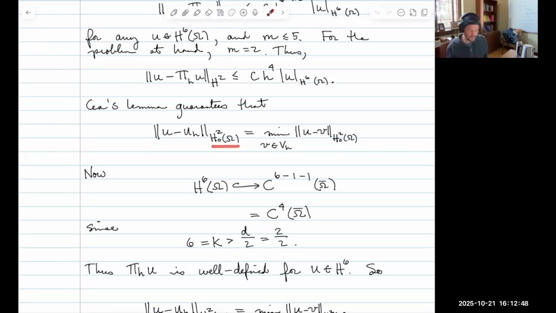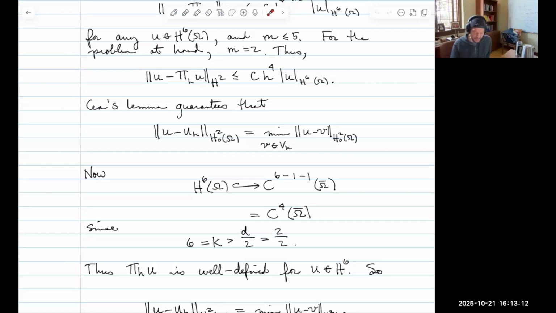Measured in the H0^2 norm, we talked about that last time, it is equal to the min taken over all v in the finite element space of the difference between u and v measured in the H0^2 norm.